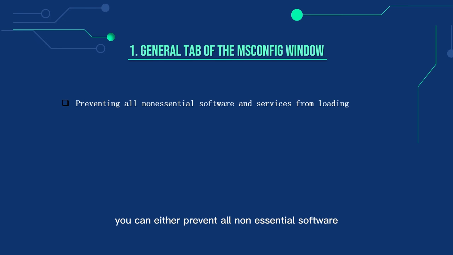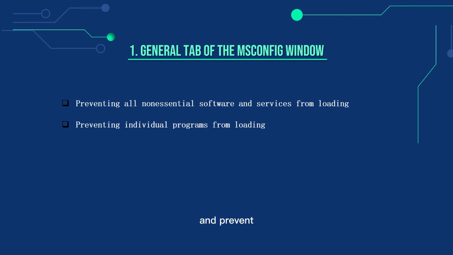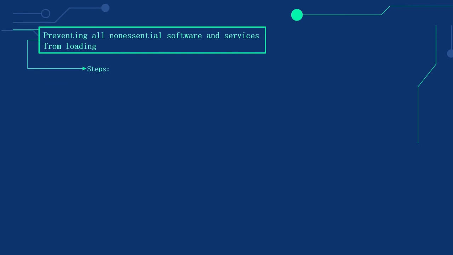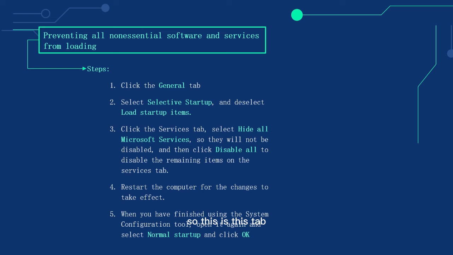You can either prevent all non-essential software and services from loading, or you can prevent individual programs from loading. So let us see the steps to prevent all non-essential software and services from loading. So this is the step.